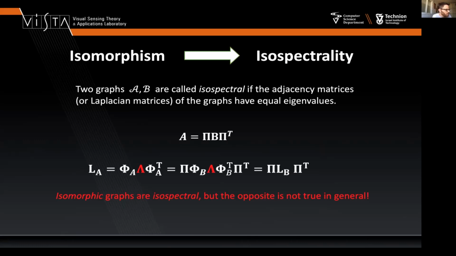You can see from this equation that the two Laplacians are connected by applying a permutation on both sides, and that means that the spectrum is going to be the same. The eigenvalues of the Laplacians are going to be the same.